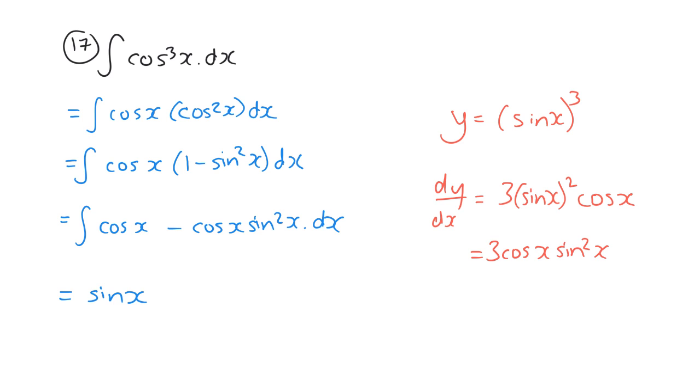So we want a minus, and we want to get rid of that 3. So I'm going to have to multiply my guess by minus a third. So it's minus a third sine cubed x and your plus c.